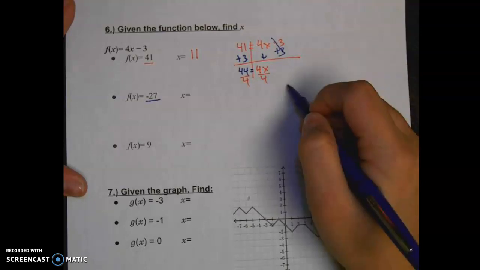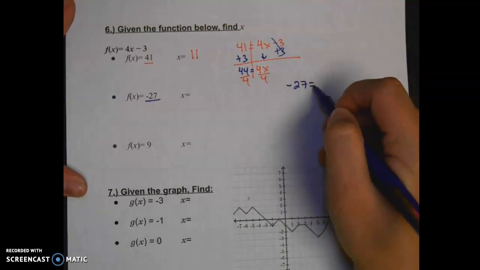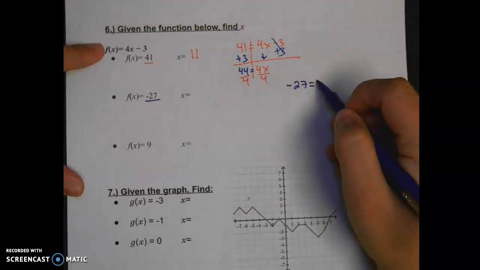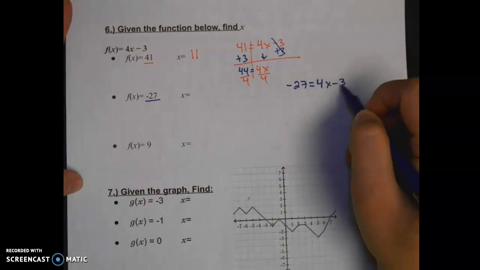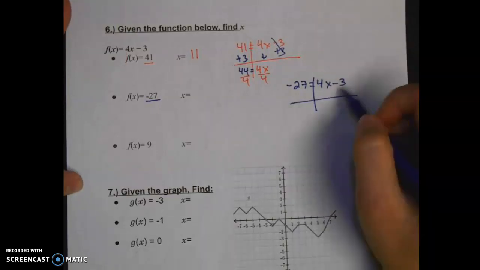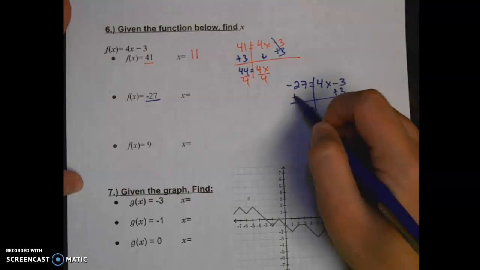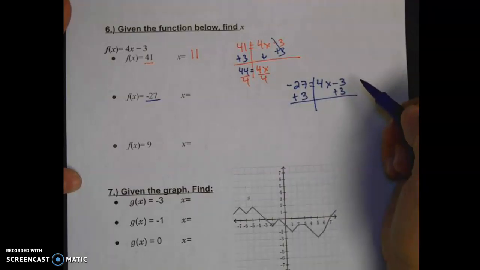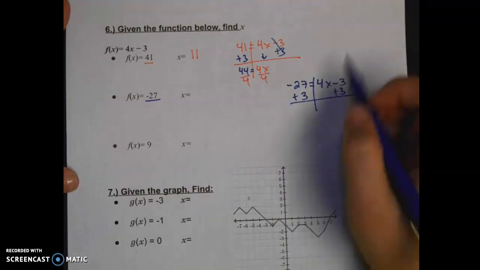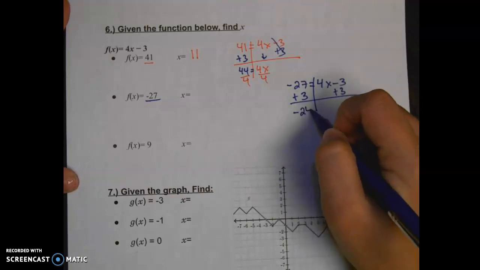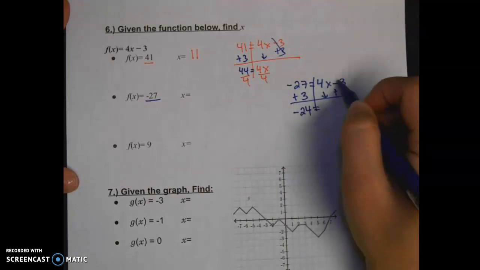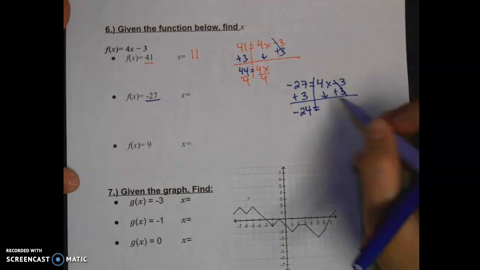Take your negative 27, and put it in for f of x equals 4x minus 3. Remember, we're finding the x's this time for our problems. Negative 27 plus 3 is actually going to be negative 24. And we bring down our 4x.